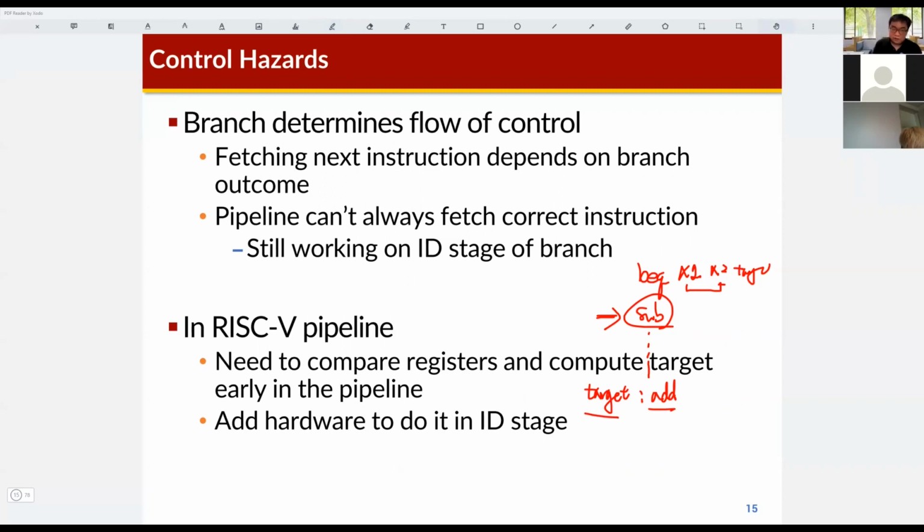But in order to fetch the instruction from the instruction memory, we need to calculate the program counter. And this program counter is used at the instruction fetch stage. It's the very first stage of the pipeline processor, right?